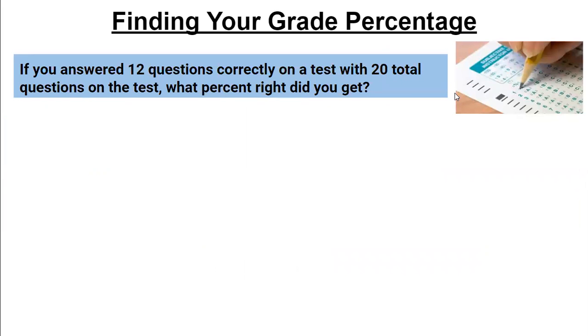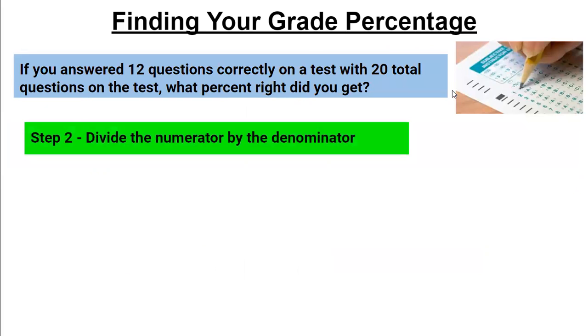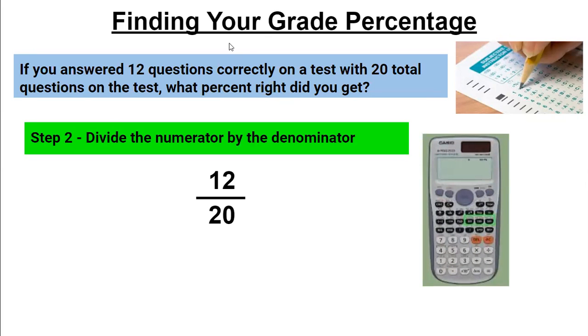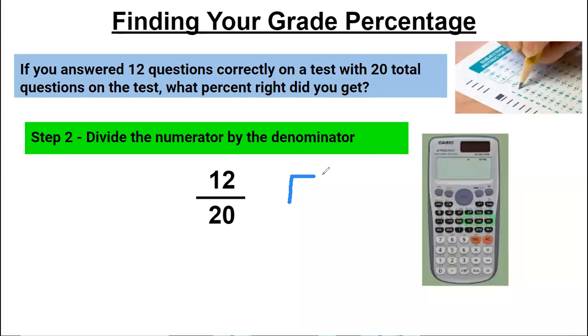If you answered 12 questions correctly out of 20, let's do step 2, divide the numerator by the denominator. 12 divided by 20, because isn't a fraction really a division problem? Exactly. So let me just draw this for you guys. We did a little bit of that in the second couple of months of the trimester, I think.